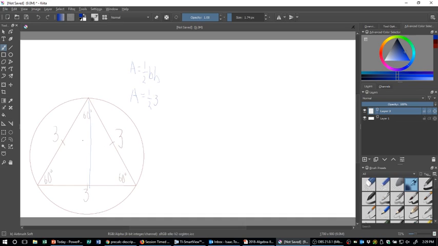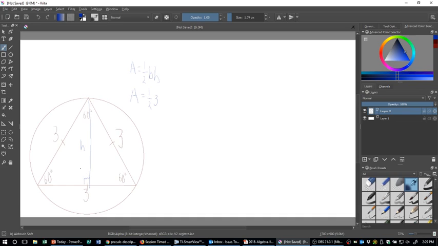Now the height of the triangle, that's going to be the thing that is perpendicular. I don't know what that is right away, but I could figure it out with the trigonometry SOHCAHTOA equation.